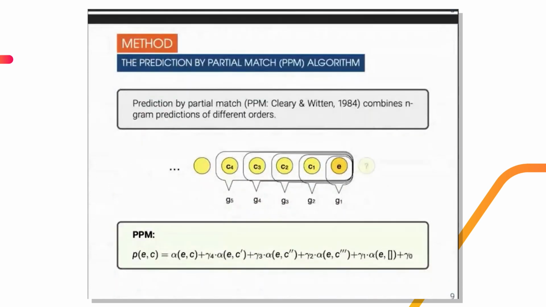So there are two basic problems with this kind of naive approach to estimating probabilities. The first is how do you select the right value of n for your n-grams? This choice is usually highly dependent on the types of sequence data that you have, and more importantly, the kinds of patterns you're trying to find. The second problem is how do you estimate the probability of symbols which have not occurred in your example sequences?